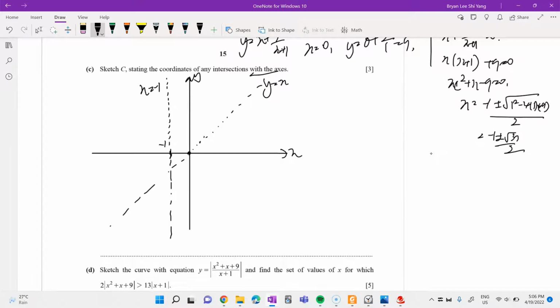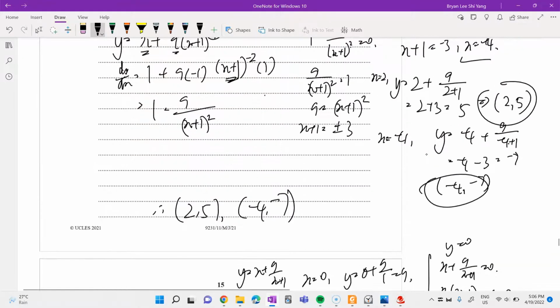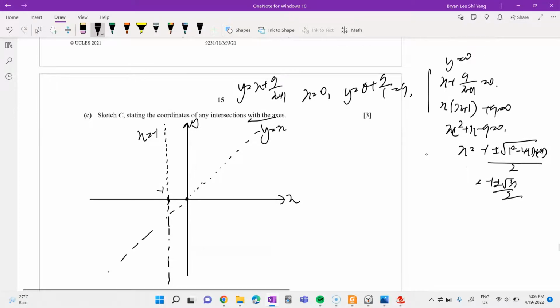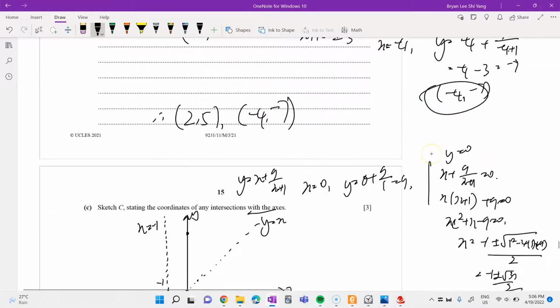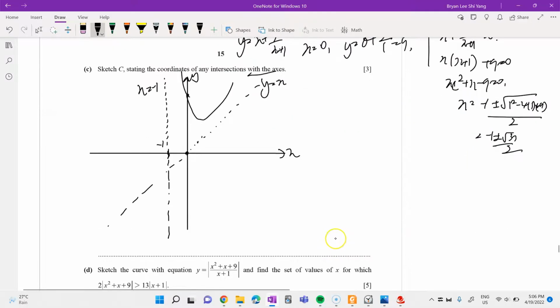This is the second asymptote, yeah. And then we have x equals 0, y equals 9, something over here. Then x equals negative 4, y equals negative 7, x equals 2, y equals 5. So it should look something like this, right?